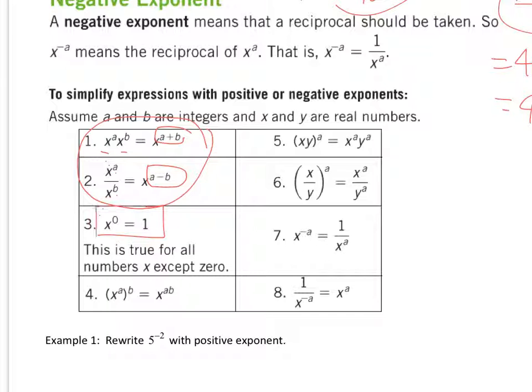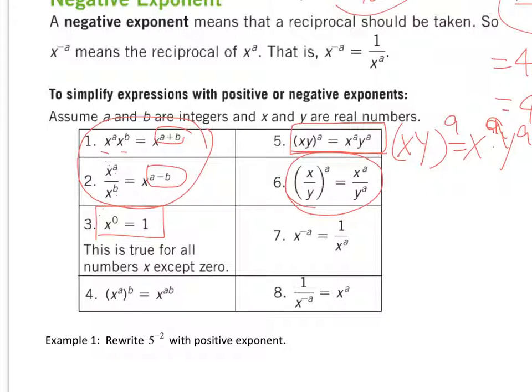This is a definition: x to the 0 is 1. We define that. And number 5 says a distributive law applies in exponents: if you have x times y, then you can write it as x to the a times y to the a. And it goes with division as well.